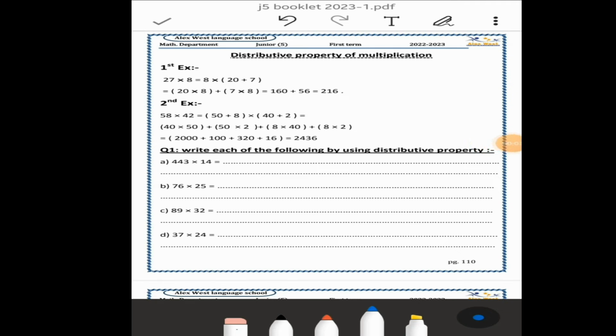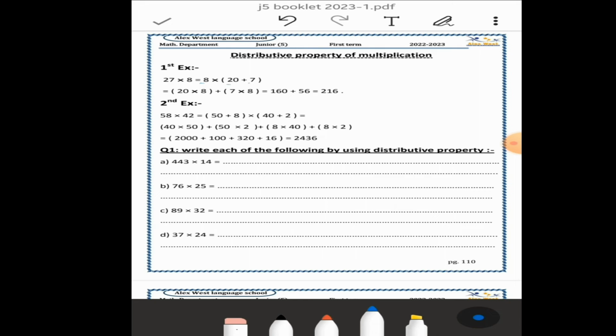Another way in multiplication is using the distributive property. For example, if I wanted to multiply 27 by 8, we fix one number as 8 and decompose the other number, which is 27.